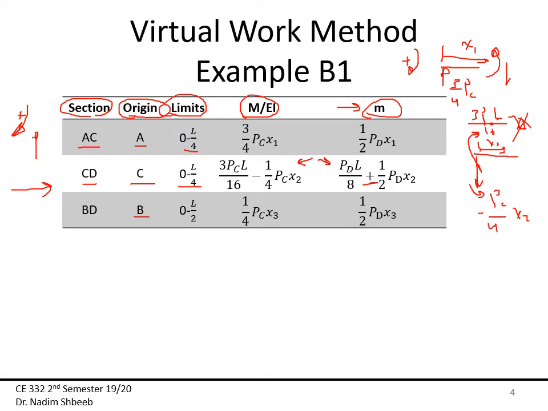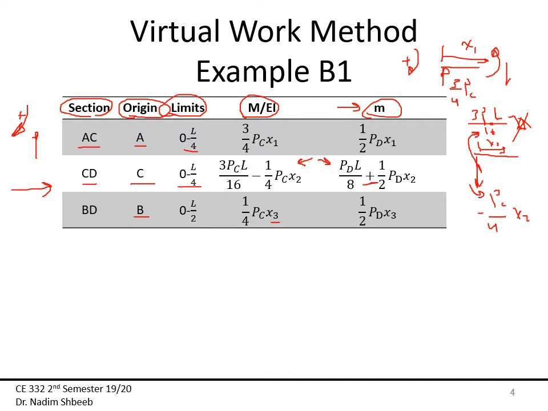Here I chose the origin to be at B because it is simpler, and the limits are from 0 to L over 4. Then the same as section AC, but now with different reactive force. So this is now 1/4 PCX3, and then this is 1/2 PDX3. As you've seen, you chose X1, X2, X3.